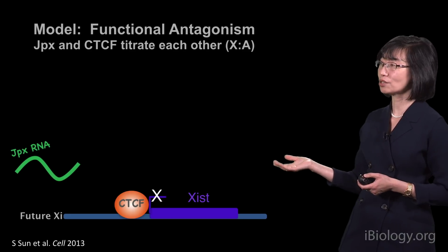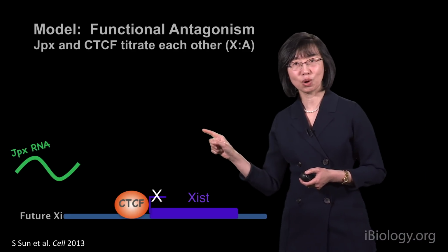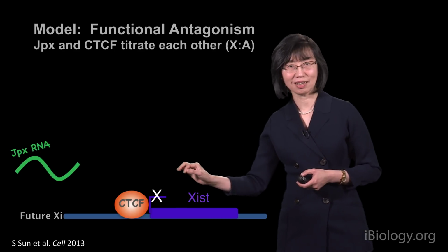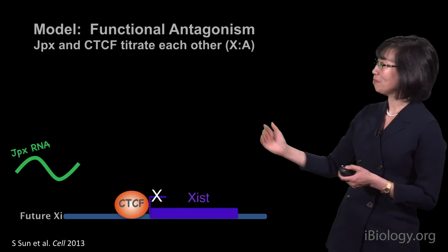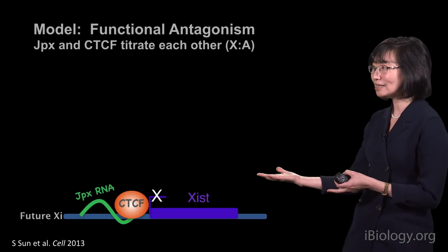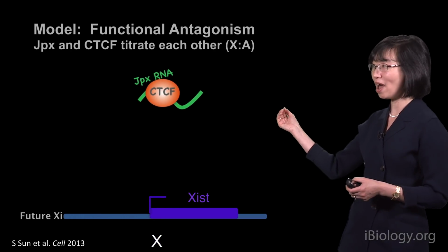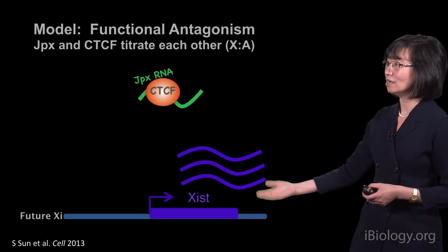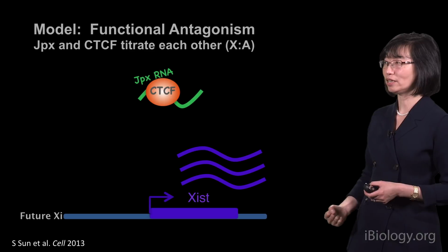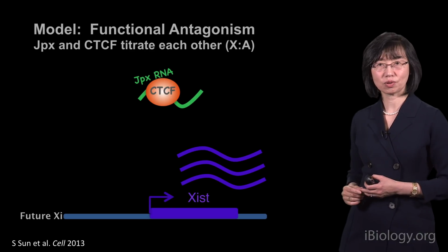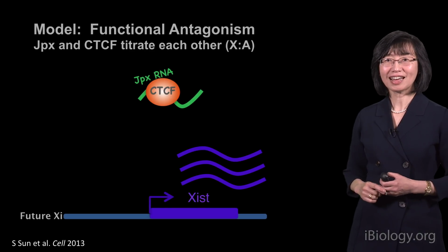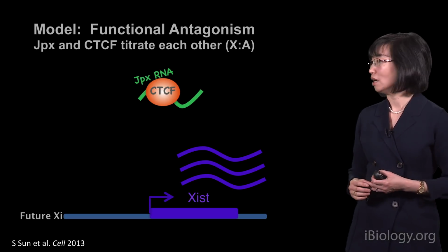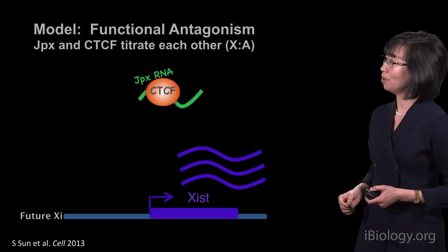And when it crosses a certain threshold, as it will do only in female cells, because we have twice the number of Jpx copies as male cells, Jpx RNA binds to CTCF and titrates it away from one Xist promoter, and that act enables Xist RNA to be upregulated on that same chromosome. Okay, so that's how we're presently thinking about this functional antagonism and about the X to autosome ratio.